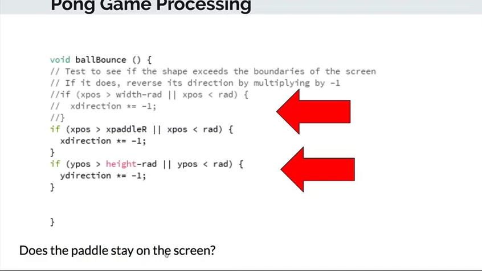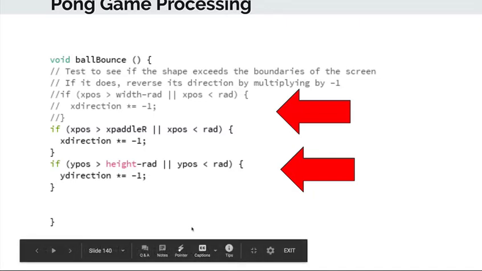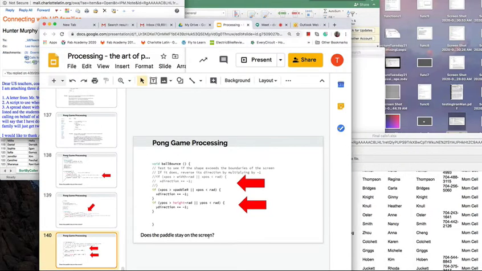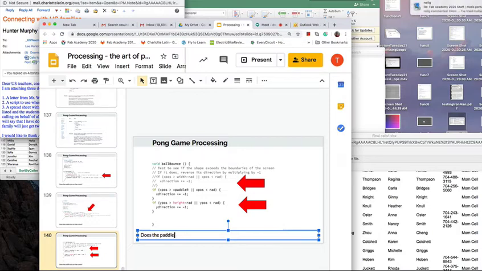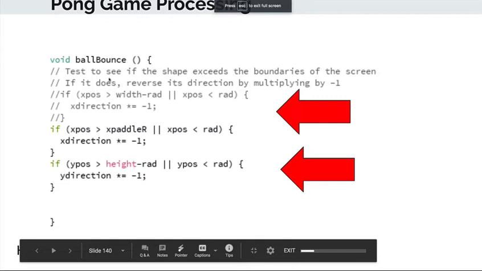So what I want you to do is run that program and see what happens, and I will get this code fixed. I want you to think about how this ball behaves after you add this bit of code. How does this ball behave?